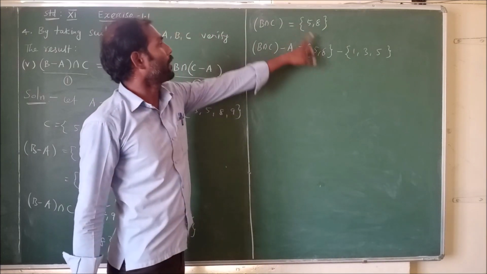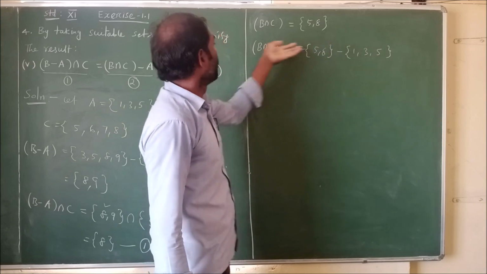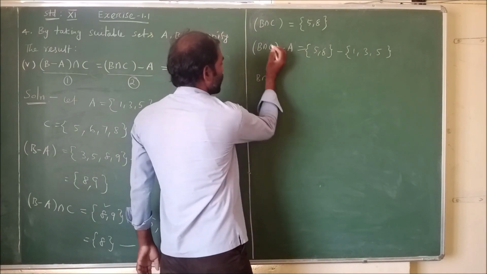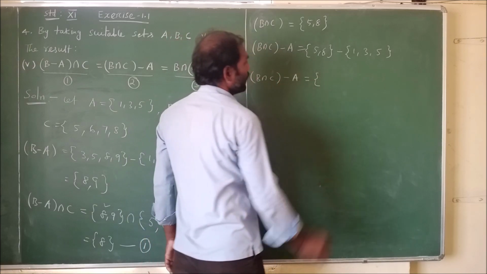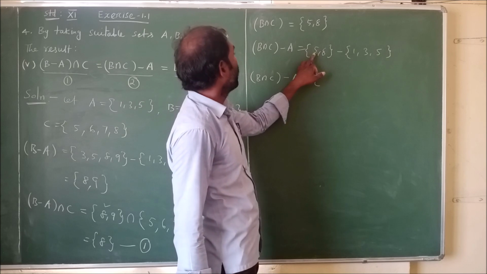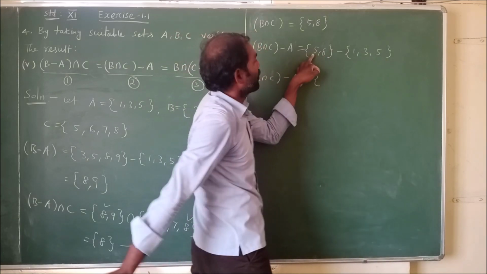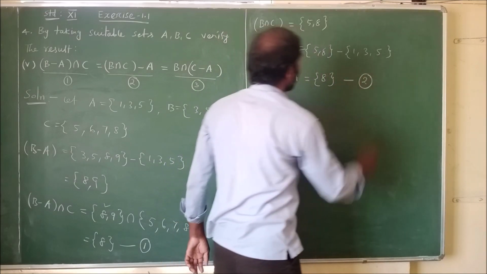It means the elements appearing only in B intersection C. So 5 and 5 are subtracted, and the element is 8 only. This is equation number 2.